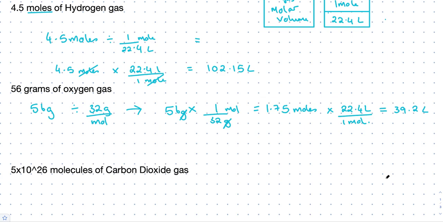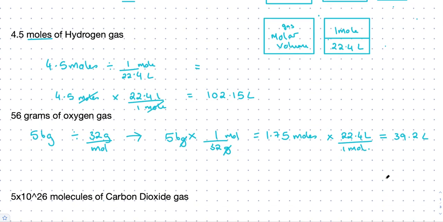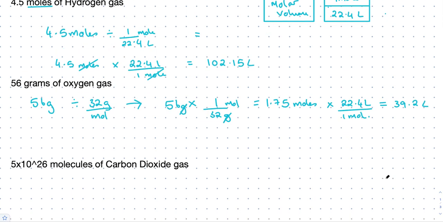So I'm not talking about grams, I'm not talking about molarity, I'm talking about number of molecules. And this is another domino, a domino we would have talked about before, and that's Avogadro's number. So Avogadro's number talks about numbers of molecules. So on one side of your card, you've got the name, Avogadro's number, and on the other side you're going to have what it is.